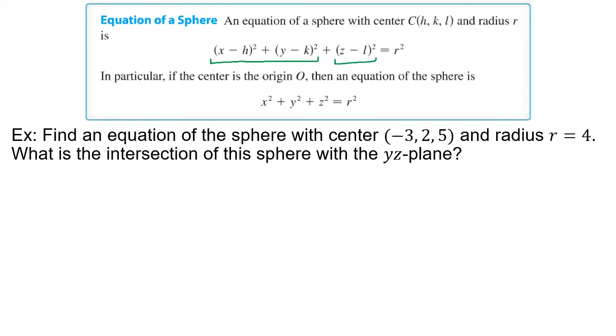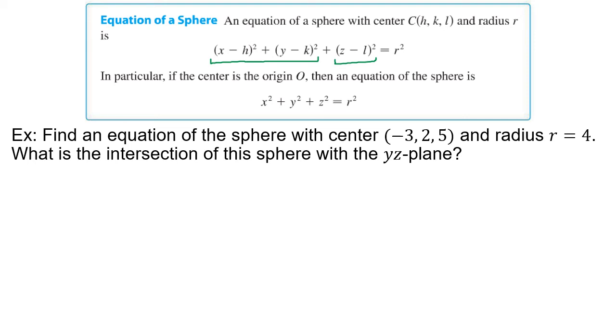And basically, if you're going to get a nice sphere, you're going to get circles around the x-axis or the y-axis or the z-axis. A circle itself in a 2D space is actually a circle going around the z-axis. So you can adjust that accordingly to get the sphere. Or if it's at the origin, you just have x squared plus y squared plus z squared equals r squared.